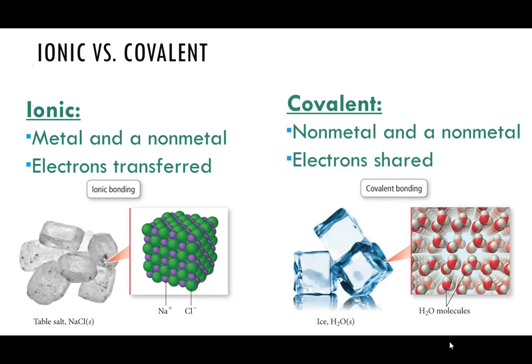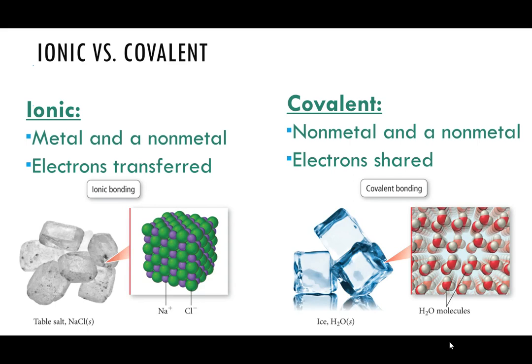Now we're going to transition, and the rest of this chapter and really the next two chapters are going to be all about covalent. So covalent is going to be a nonmetal bound to another nonmetal. And in this case, electrons are shared. So the good news here is you don't have to worry about these silly charges.